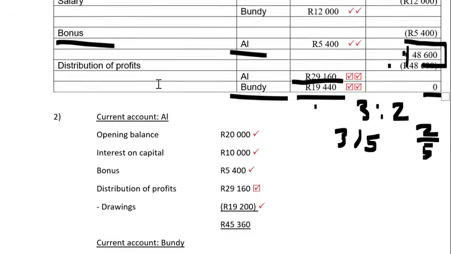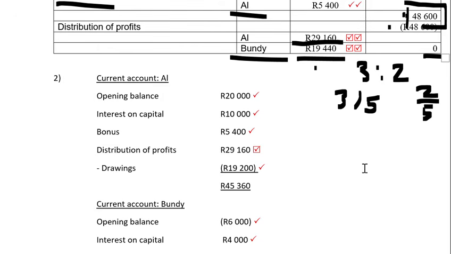Now they also ask in this question to show the workings of the current accounts of L and Bundy. So there's L and there's Bundy. So let's have a look.